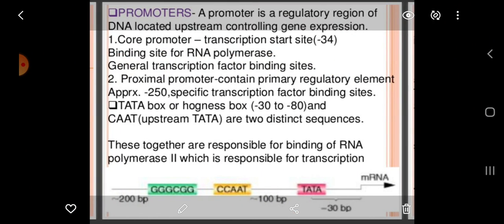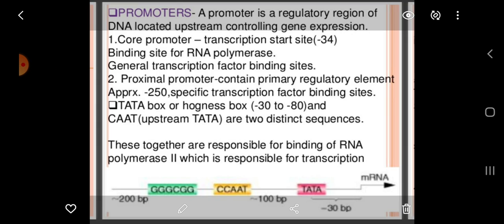Now in the eukaryotic case, a promoter is a regulatory region of DNA located upstream controlling gene expression. The core promoter is the transcription start site, -34 upstream, the binding site for RNA polymerase required for transcription. Then there are the general transcription factor binding sites.